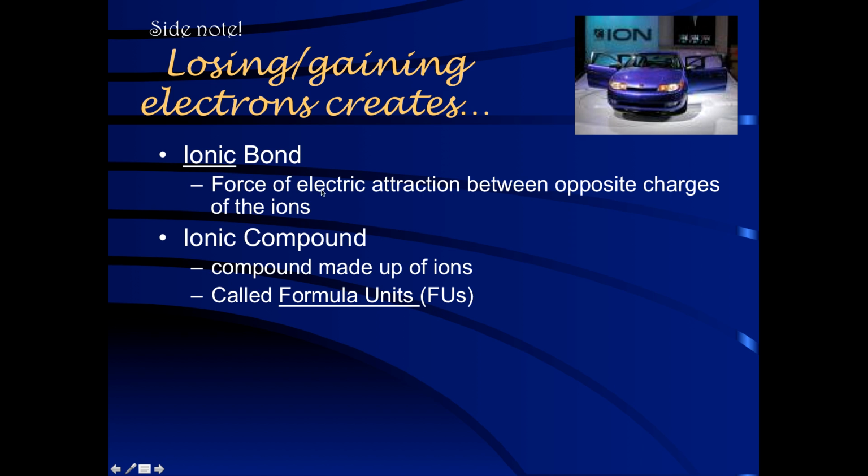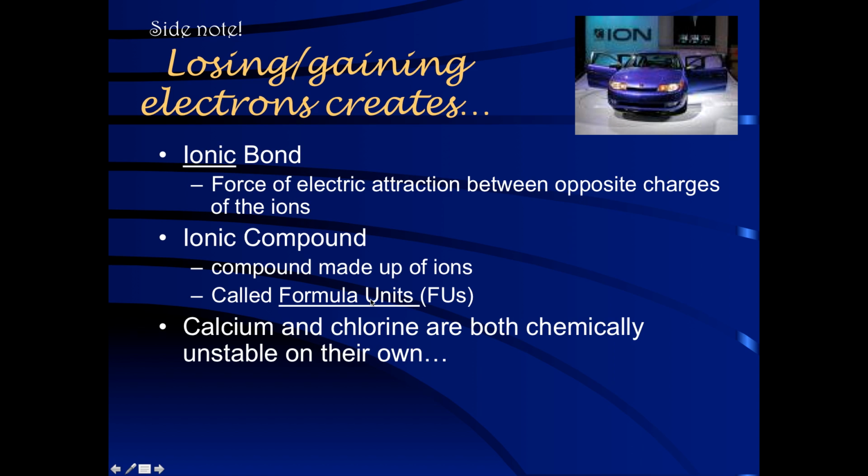Because atoms have lost and gained electrons, there are opposite charges and they attract. That creates a compound made of ions, and the resulting neutral compound is considered a formula unit. For example, calcium and chlorine are both chemically unstable on their own. Because of where calcium is located, it's easier to lose electrons, and chlorine wants to gain electrons.